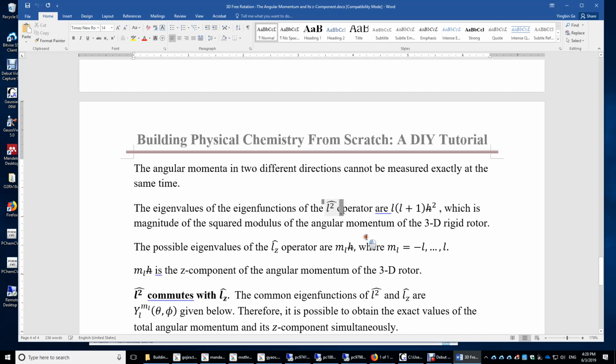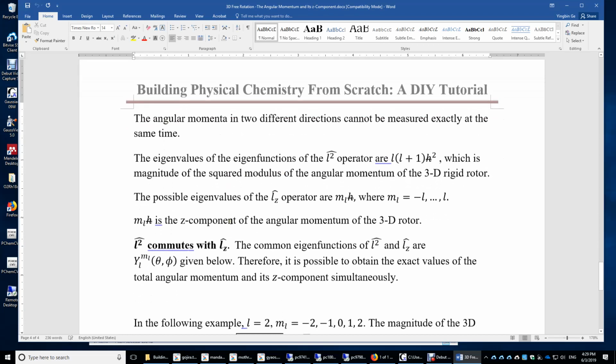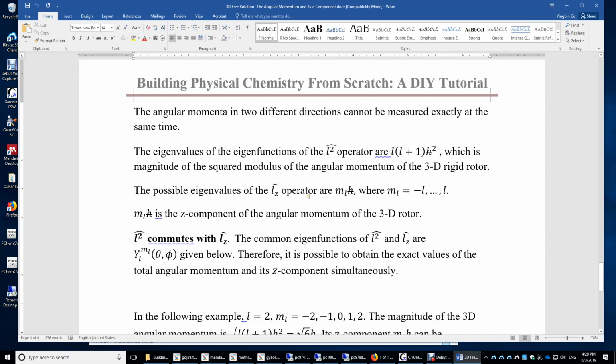And what about the magnitude of this angular momentum? That's just the square root of this. Simply put, it's the square root of L times (L plus 1), and then times ħ. What about the z component of the angular momentum? That's very simple. It's just m sub L times ħ, where this m sub L can be negative L plus 1, and so forth until m sub L equals L. And over here you can see the degeneracy is 2L plus 1.